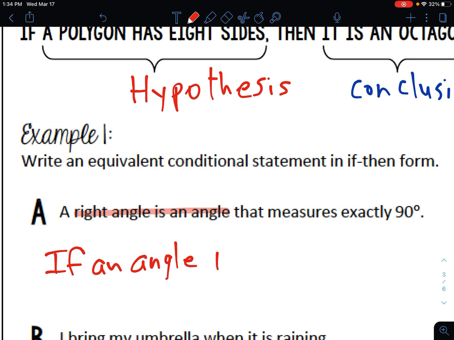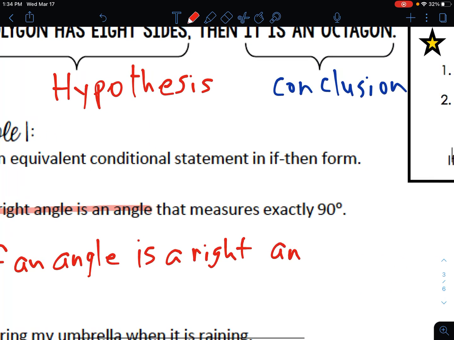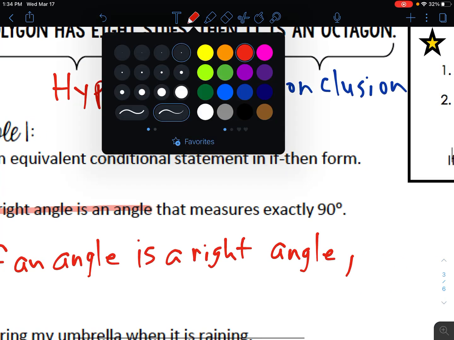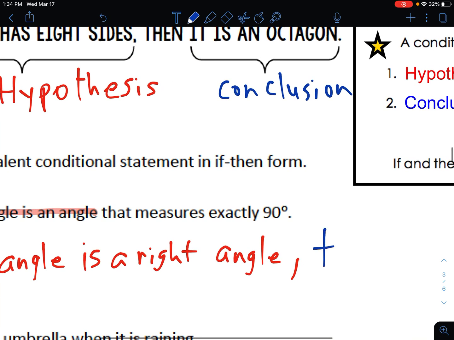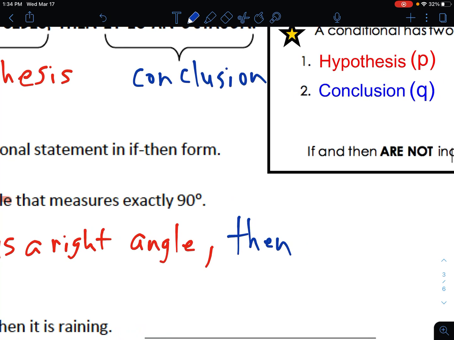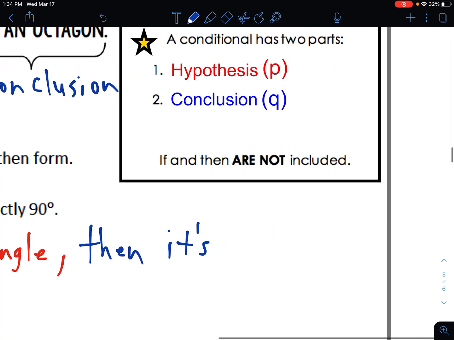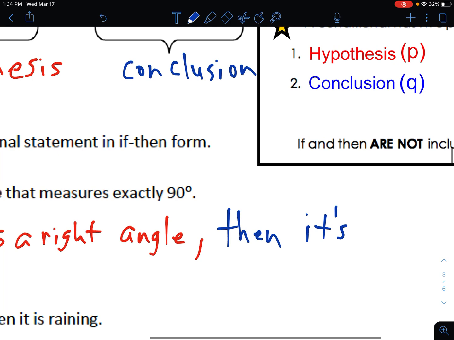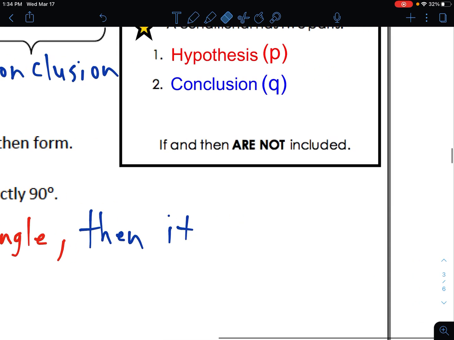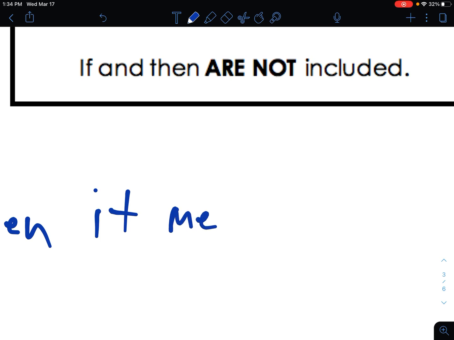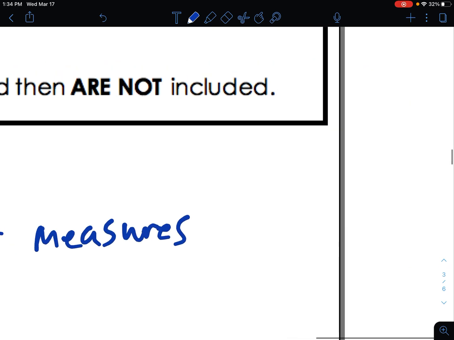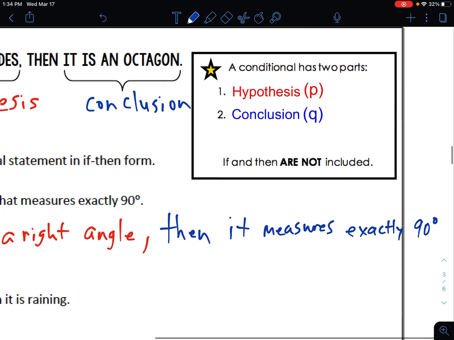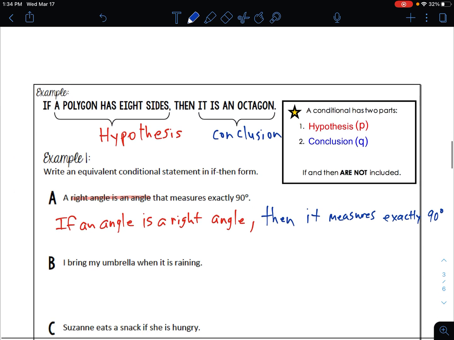If an angle is a right angle, then it measures exactly 90 degrees.